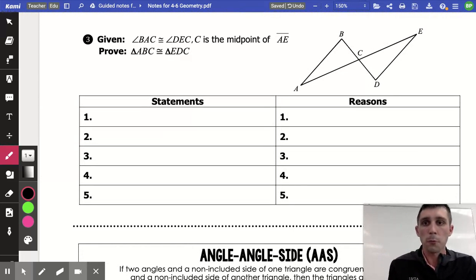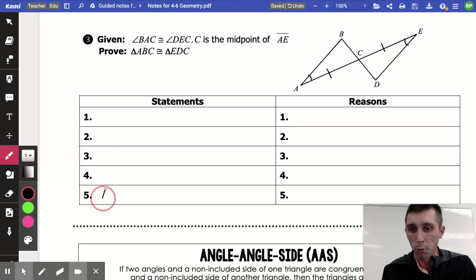All right, number 3, given angle BAC, this angle right here, is congruent to DEC, right there. And C is the midpoint of AE. So if C is the midpoint of AE, that means AC and CE are congruent.